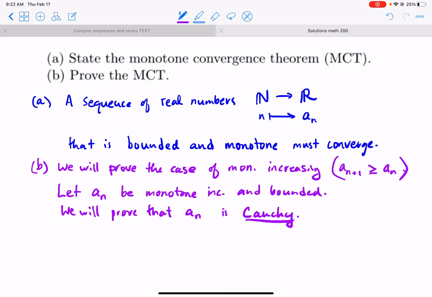Okay, because the real numbers are basically defined as all the numbers that we need to fill in to the rational numbers so that Cauchy sequences converge. Just by definition, the reals are a set of numbers where every Cauchy sequence converges.